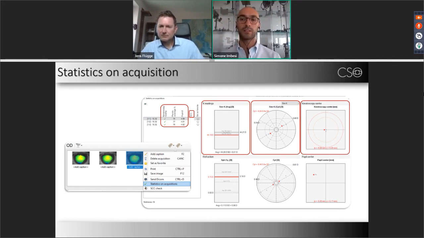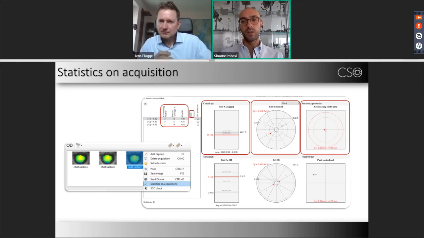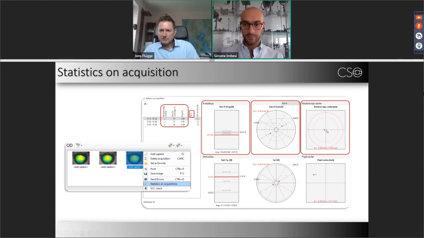This means whether the corneal vertex is well aligned or not with the optical axis of the instrument. The best thing that you can do is have all the crosses here in the center of the big cross. The small cross is centered on the center of the big cross.